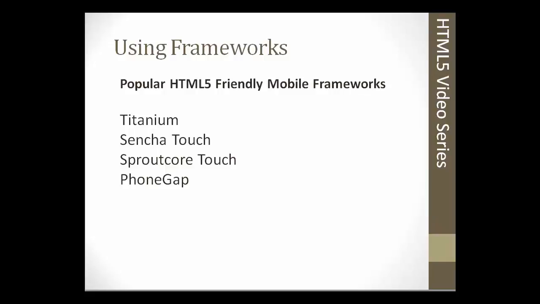It's a little more complicated than the other three, but I have used it, and it is preferable if you're building hybrid type apps with both HTML5 and a native wrapper.